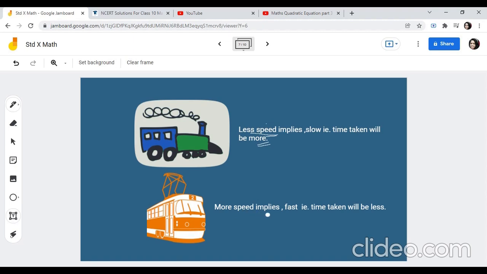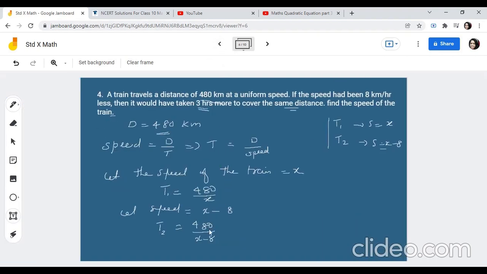Here the speed is more, that means it is fast, so the time taken will be less. So if speed is less, time is more. So this shows that t2 is greater than t1.